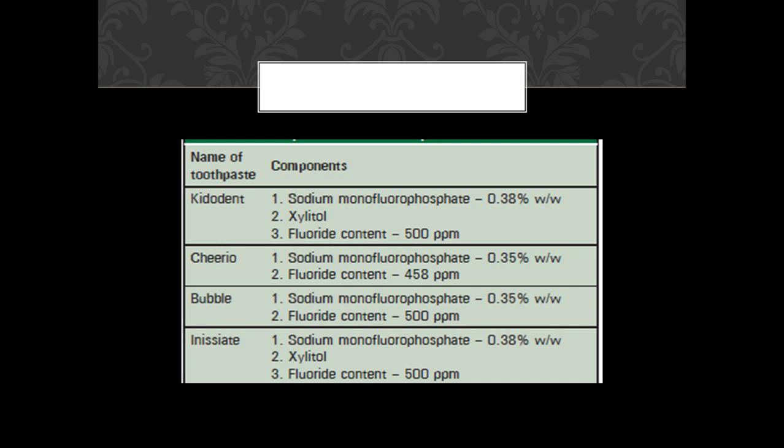And if the child is between 2 to 5 years old, mostly 3 to 5 years old, you can advise the parent to use a pea-sized amount of paste on the head of the toothbrush. So you should be very cautious while prescribing a paste for a child, both the type and the amount.